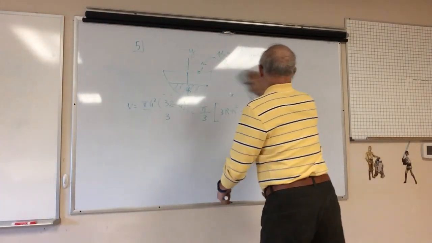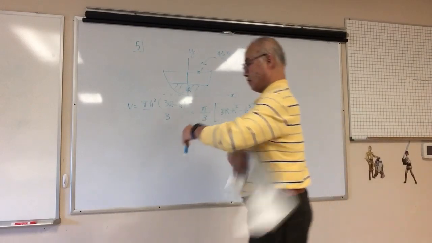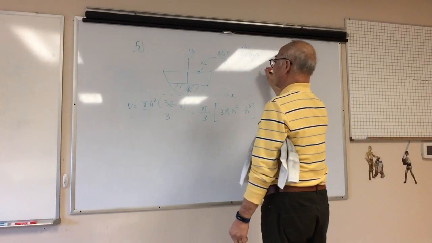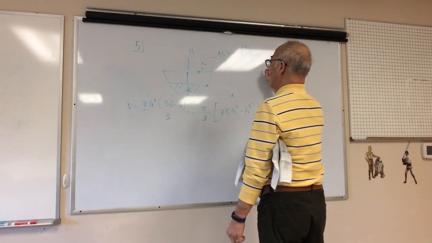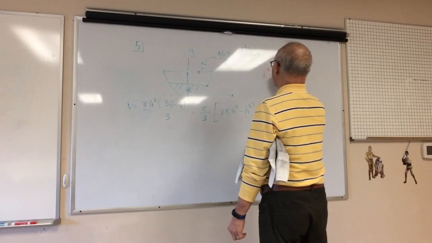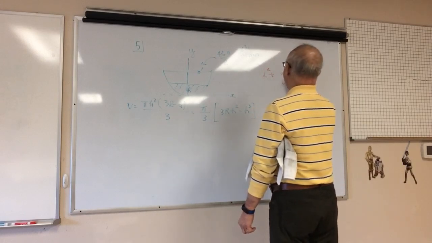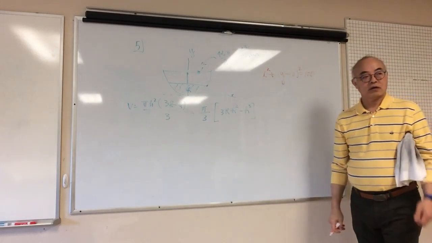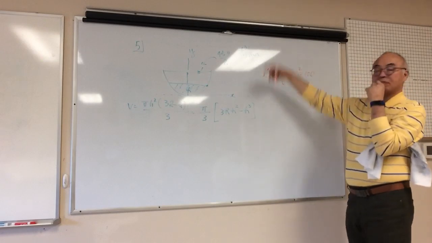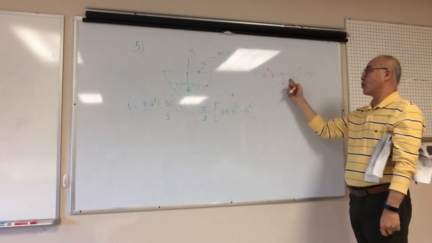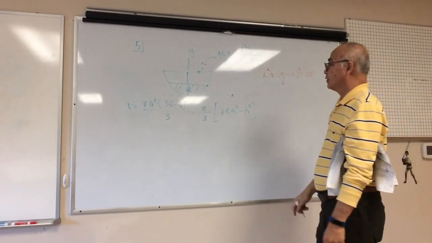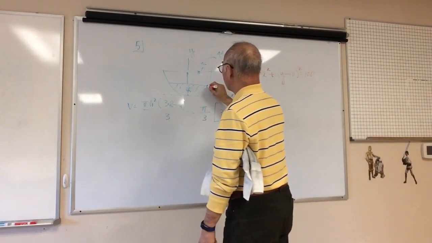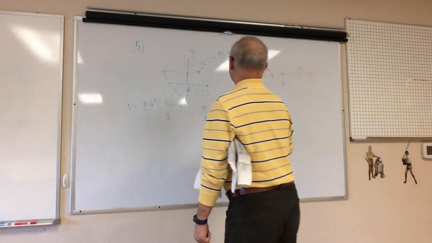So the equation I would play with would be x squared plus (y minus 10) squared equals 100. Because I moved it up 10, where y is, I put y minus 10. And this is going to be 5.